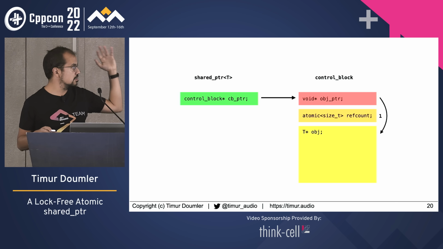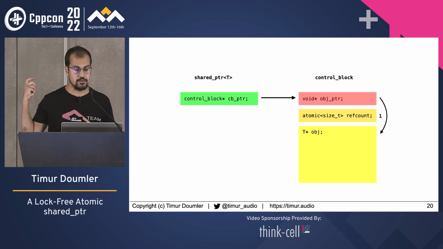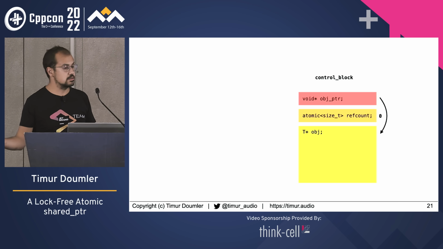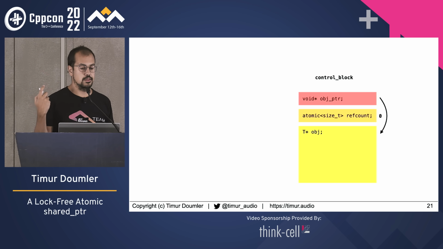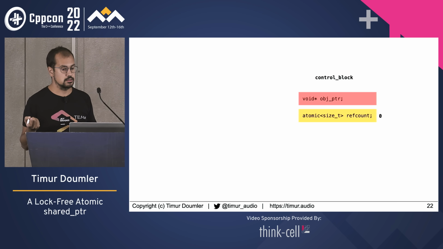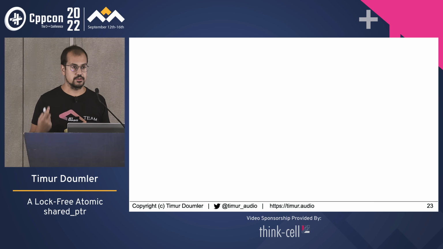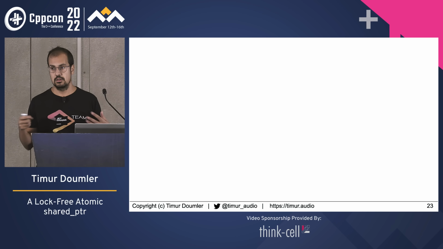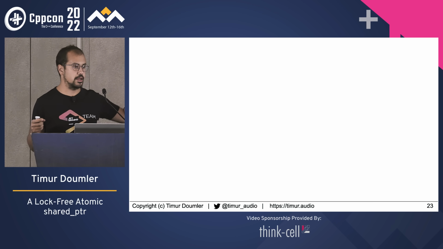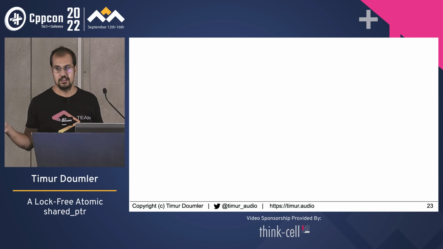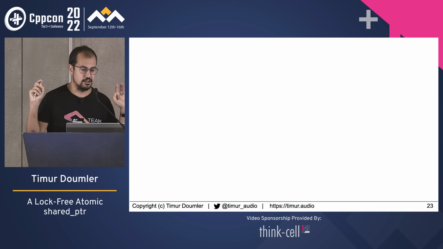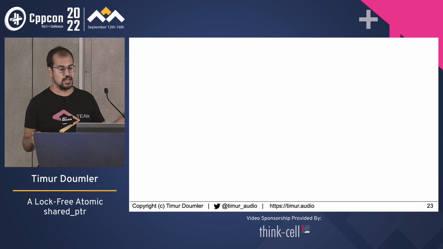And then if this instance of shared pointer is destroyed, then the ref count goes back to 0. And as soon as that happens, the object that's being managed is deallocated. And then the control block itself is also deallocated. And depending on whether you use make_shared, that might be 1 deallocation or 2. Okay, so this is a very quick explanation of what a shared pointer does.